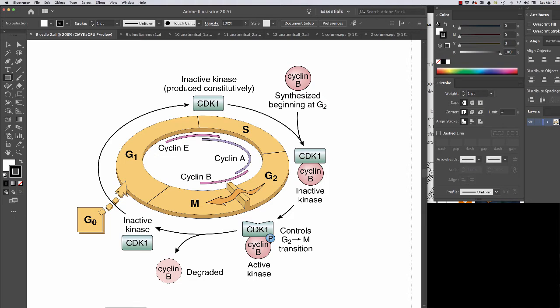Here's another example of a cyclical illustration that would be very common in a biology textbook, a pathology or physiology textbook, talking about the cell cycle and the cytokines and kinases and things that are involved in triggering the progression of the cell cycle to move from an inactive phase into an actual mitotic phase to begin the process of cell division.